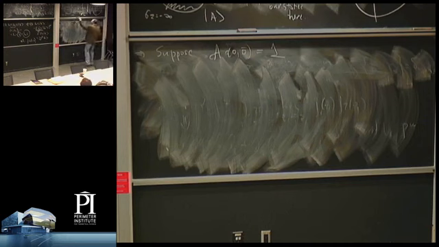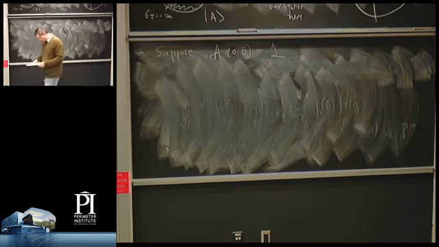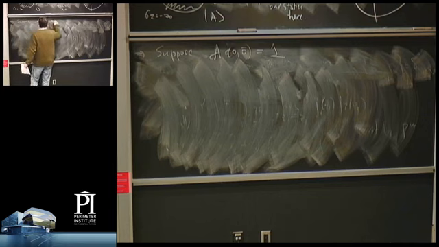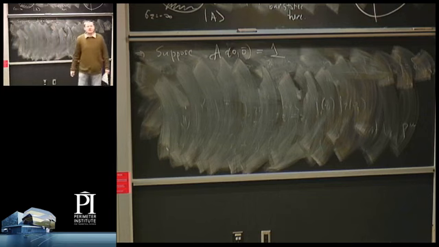Good. So what we want to do is ask the following question. Suppose that our operator A at 0, 0 bar is just the identity.